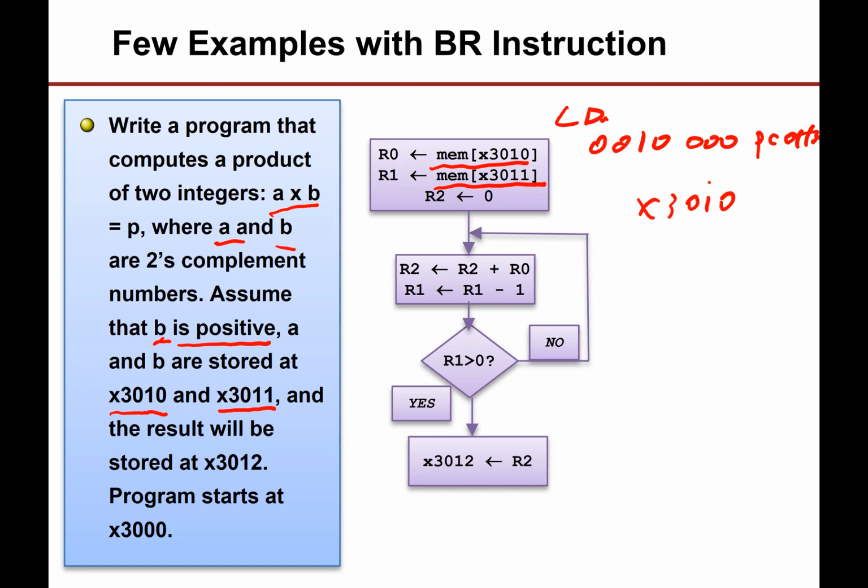It specifies the destination x3010, right? So the current PC plus PC offset needs to equal x3010. The current PC is x3001, right?